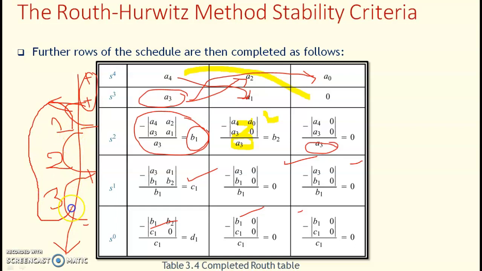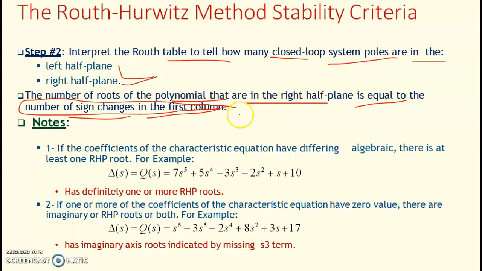There will be three sign changes in the column elements. Hence we decide that there are three roots which lie in the right half of the S plane. That is what the statement denotes.